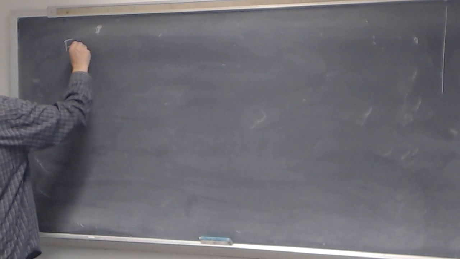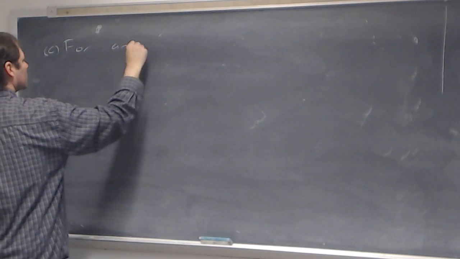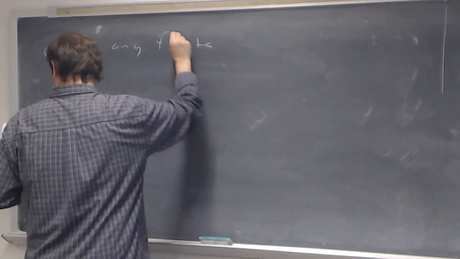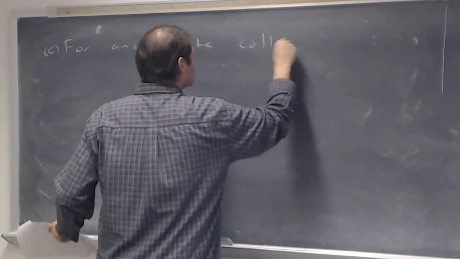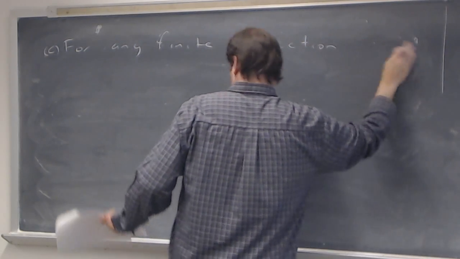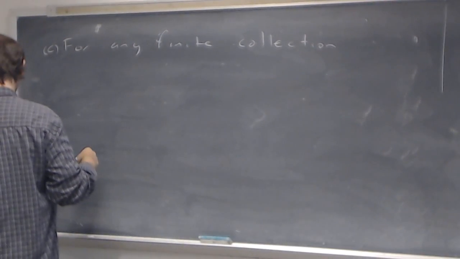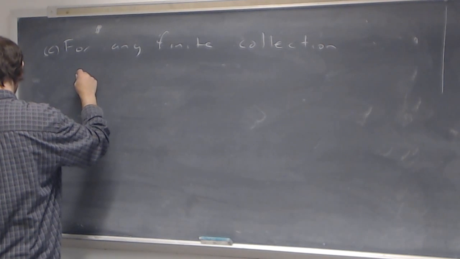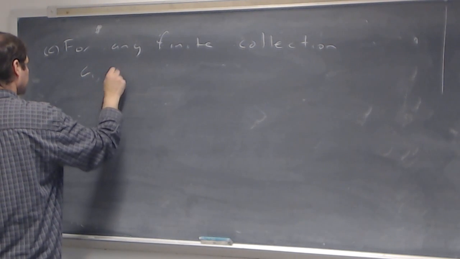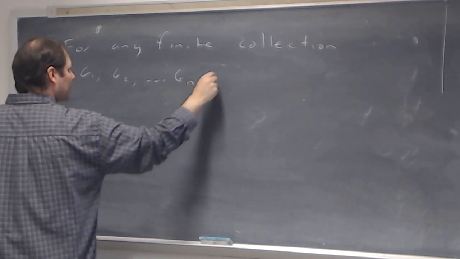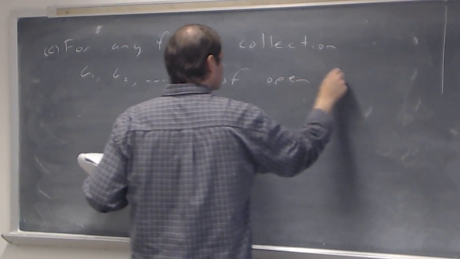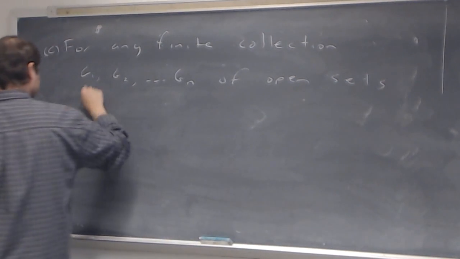A few more parts to this statement. So for any finite collection, let's say G1, G2, up to Gn of open sets, you look at the finite intersection of them.